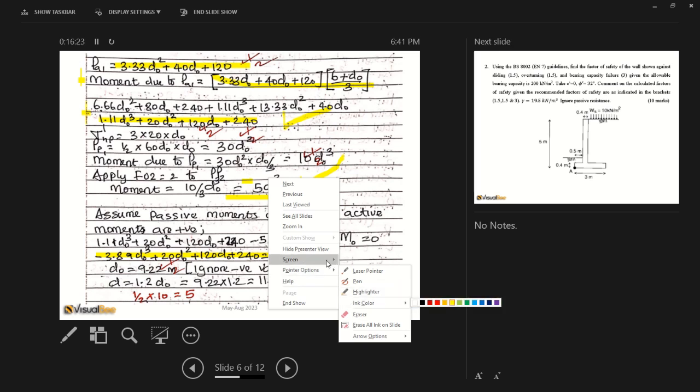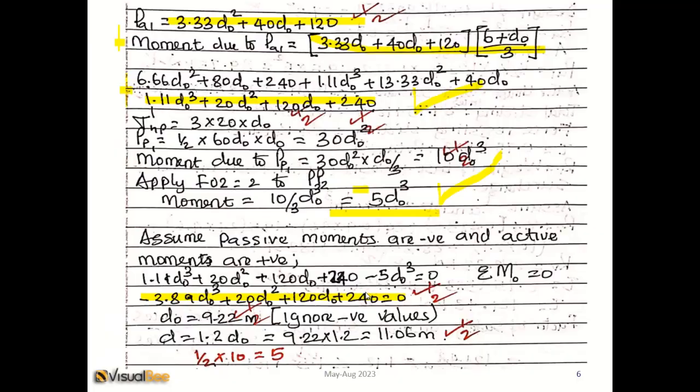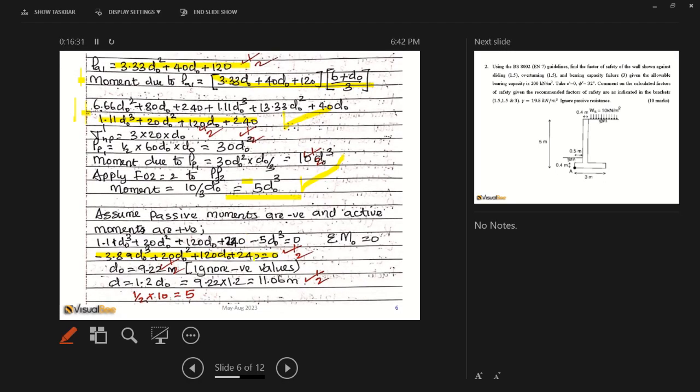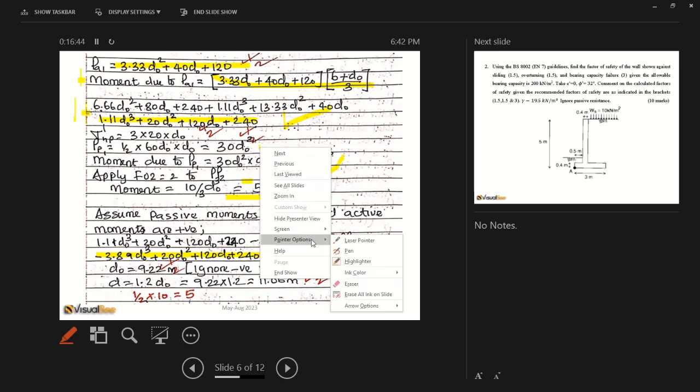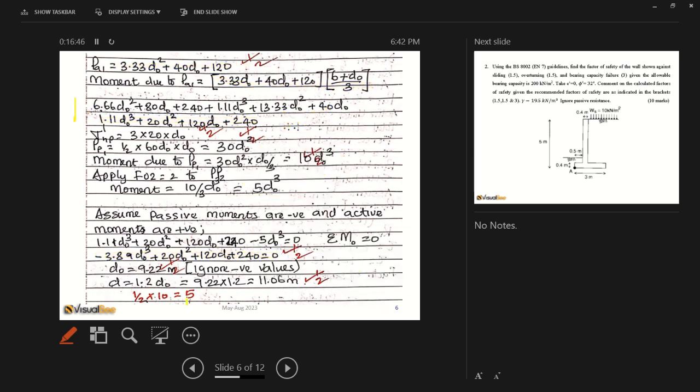Of course, it appears the BS8002 method is a bit more rigorous, but the CP2 method is simpler. But you overestimate a little bit, but it's okay. Your structure would still be safe nonetheless, and you can see the computational effort is a little bit less in comparison to the more rigorous.